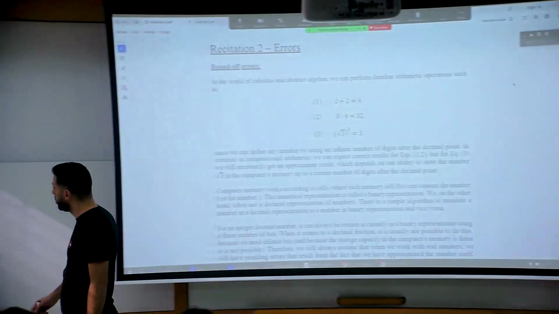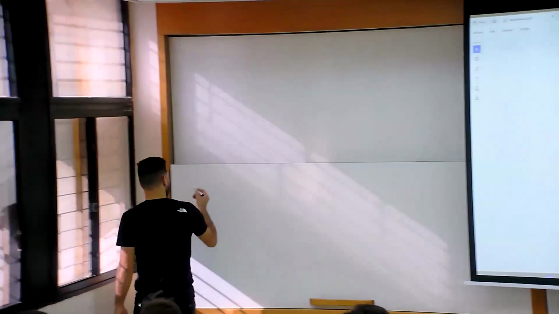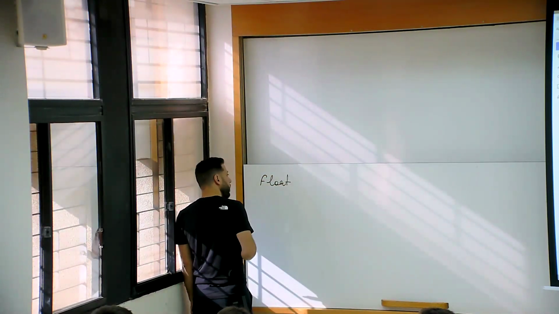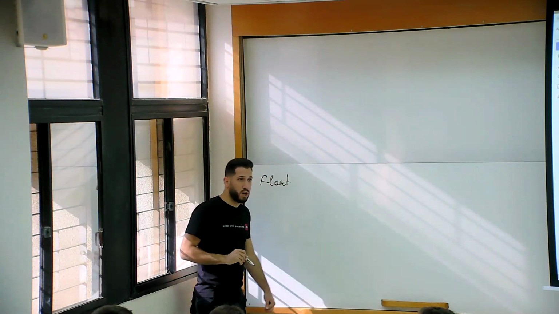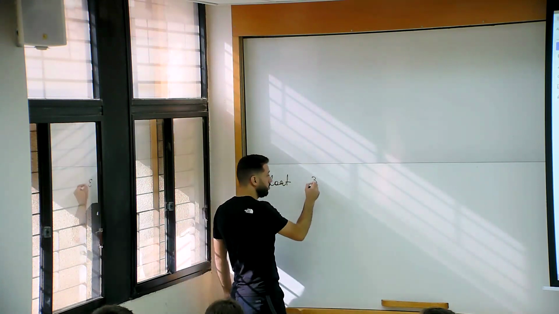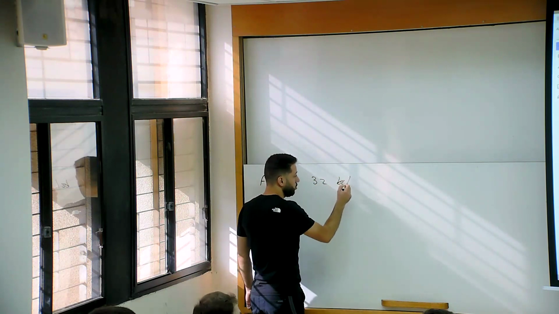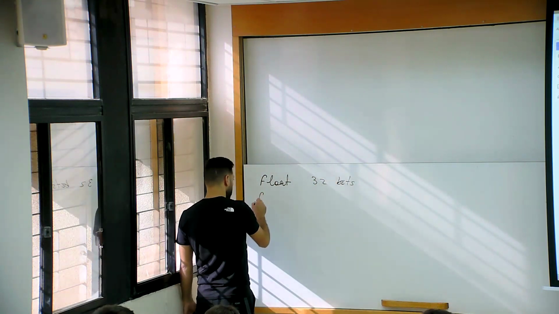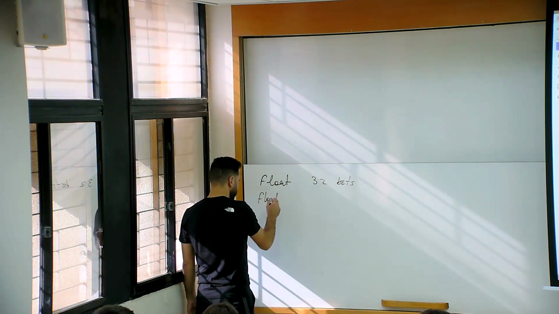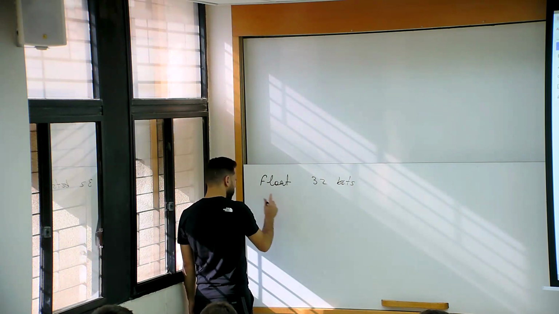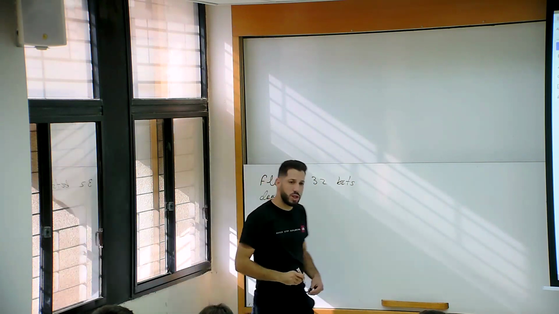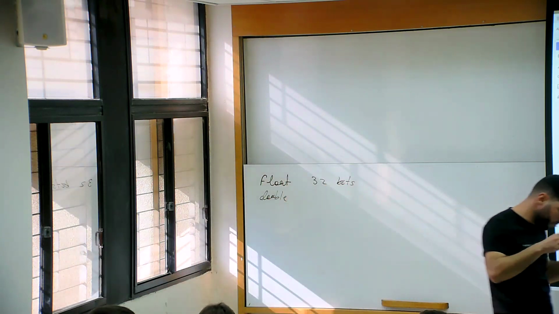The first one is called float, and this float uses 32 bits to store a number. And the second is double float, or let's call it double.